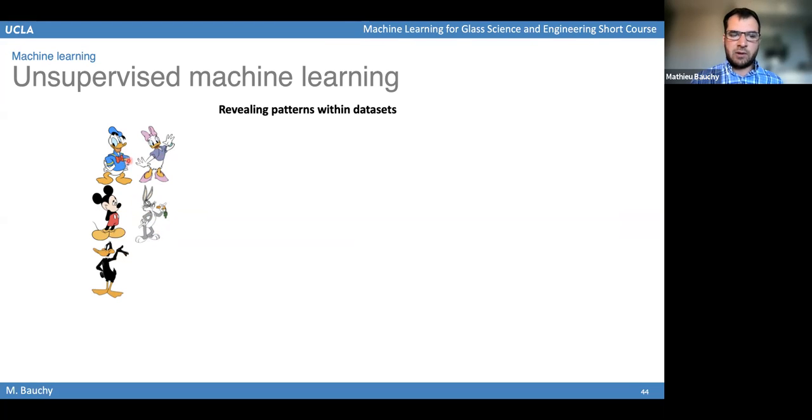Like, for example, you have the two ducks on the top. The machine learning model would find that those two ducks have two yellow beaks. So this looks like a feature that some characters have, like the two characters at the top and the character at the bottom, they all have this yellow beak.